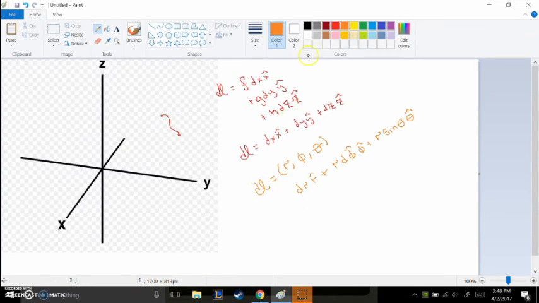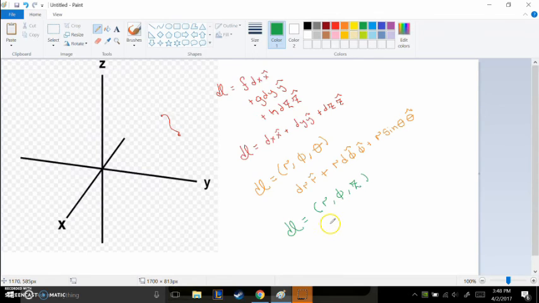And similarly, I'll do the last one in green. We have the cylindrical, so dl, and instead of x, y, and z for cylindrical, we have r, phi, and some z, where we say that f is 1, g is r, and h is 1.